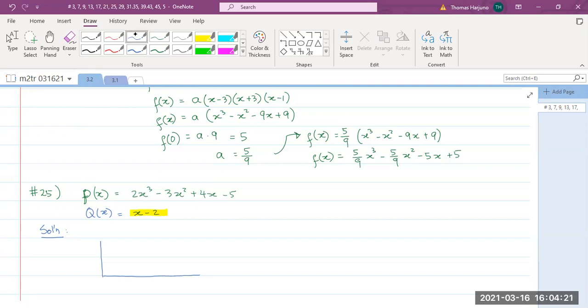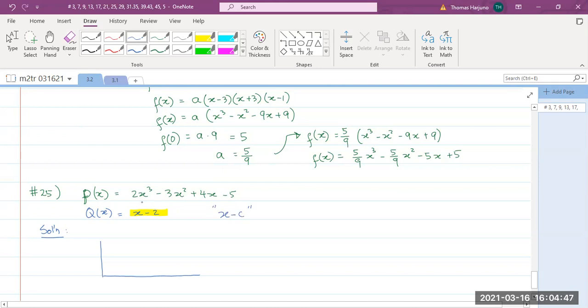Only when the divisor is in x minus c form can you use synthetic division. If the divisor is x squared plus 1, no. If the divisor is 5x squared minus 7, no. Even if the divisor is 2x minus 1, no. It has to be x minus something. It has to be in this form.